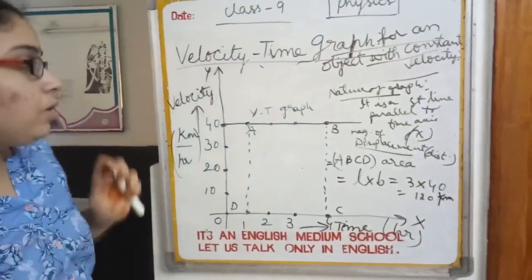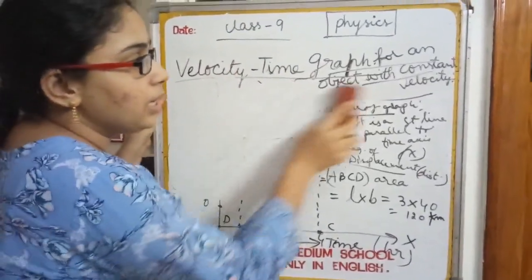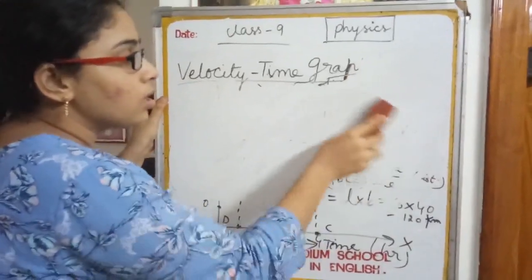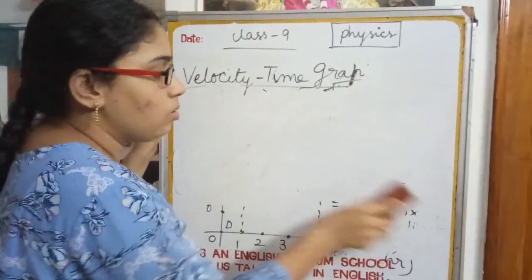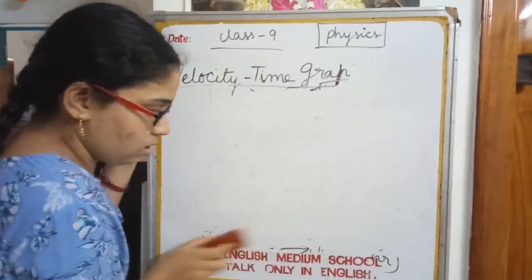And next I am going to explain the next case in the velocity time graph, that is an object moving with uniform acceleration, or an object exhibiting uniformly accelerated motion.